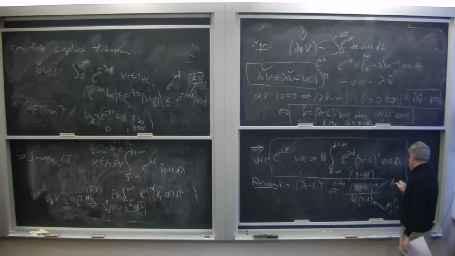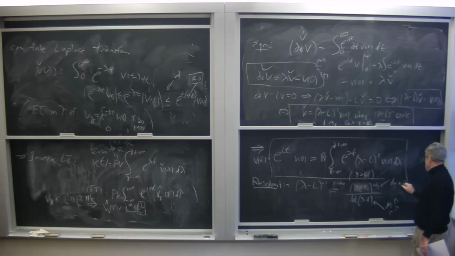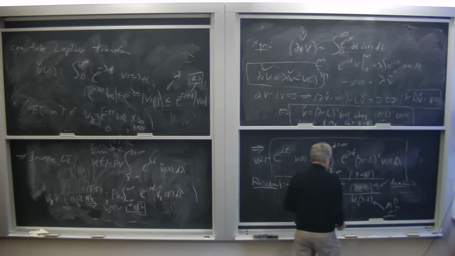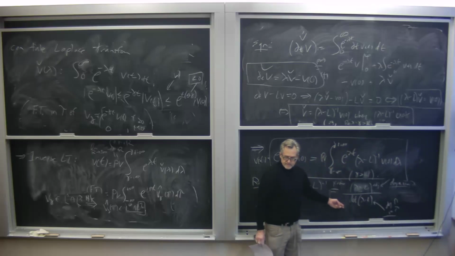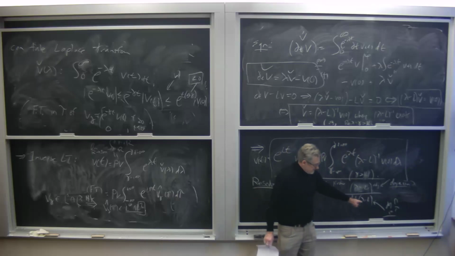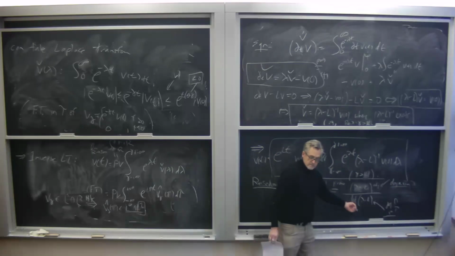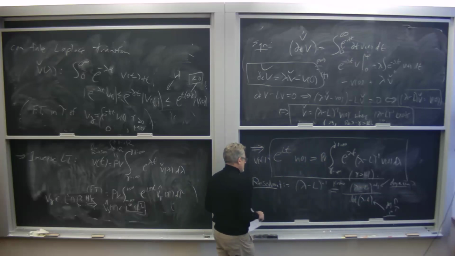So it's degree n minus 1 in lambda. So from that, we can see a couple of things. First of all, it's meromorphic. It's analytic except at the spectrum. And where it's not analytic, it's a pole of finite order, because we're just dividing two analytic functions.